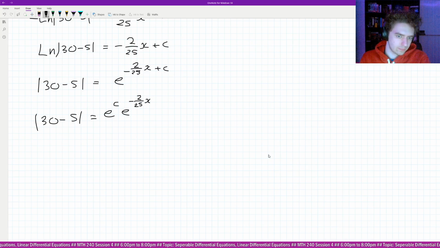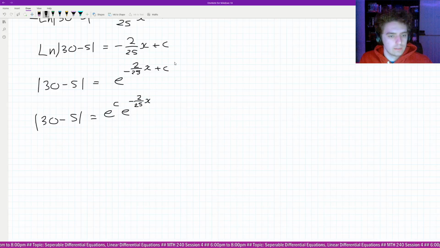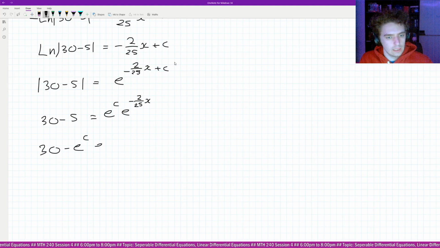Okay. e to the x is never negative, right? So it's never negative, and e to the c is always a positive number. So we can just replace this with no absolute value and solve for s now. It's going to be 30 minus e to the c, e to the negative 2 over 25x equals s.